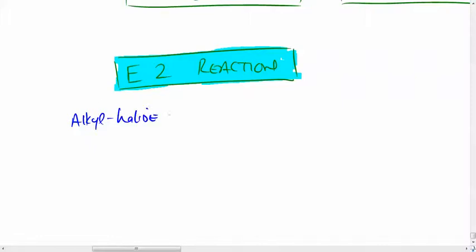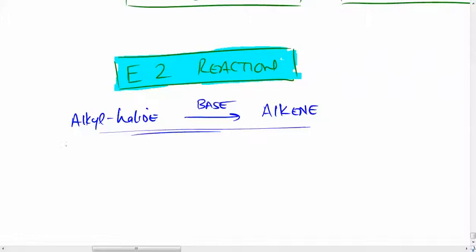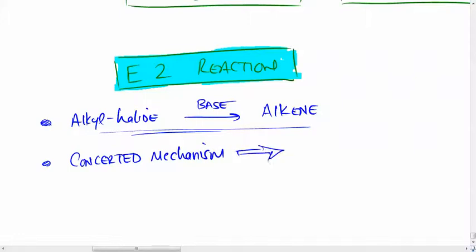We're going to react it with a base and generate an alkene. Now, the mechanism of the E2 reaction is going to be concerted. And we said that concerted meant everything happened at the same time.